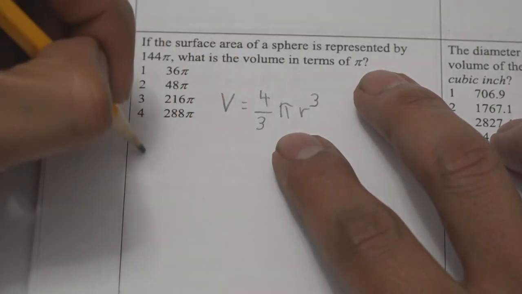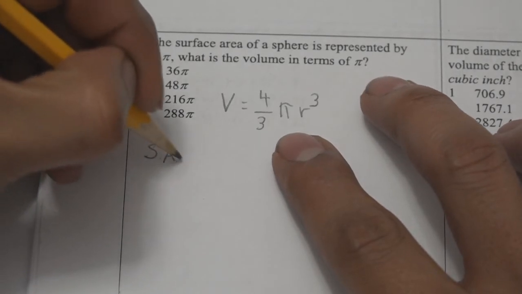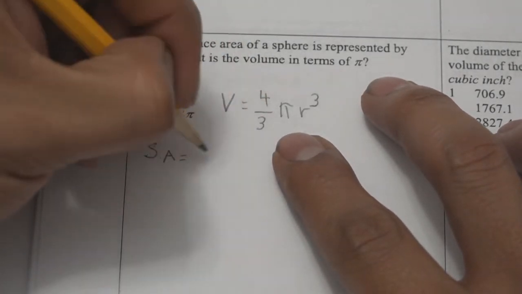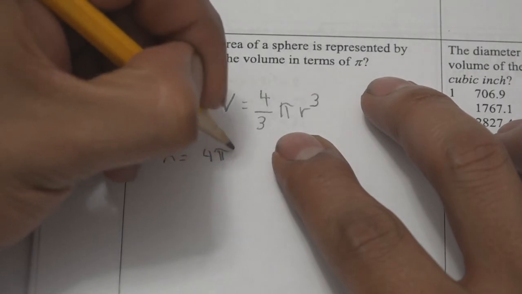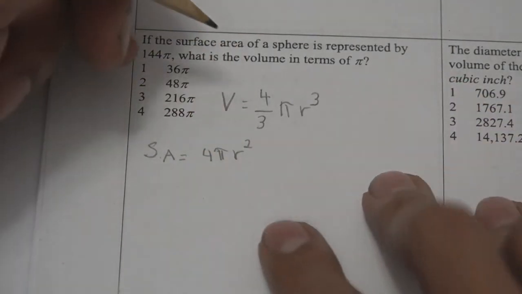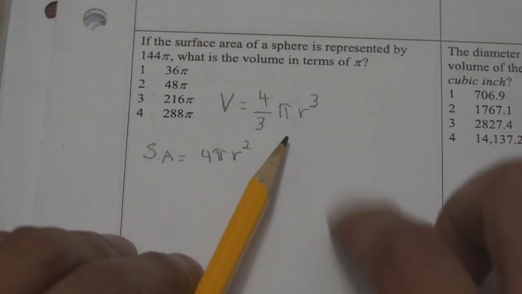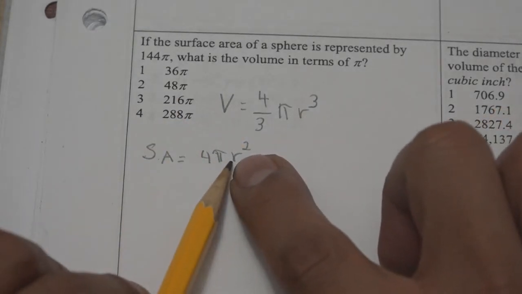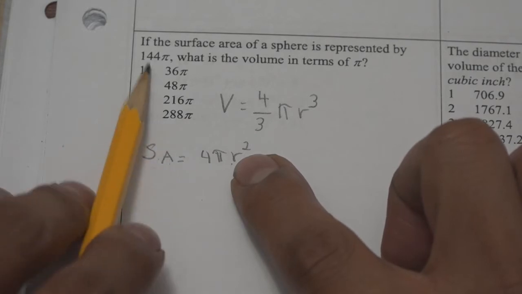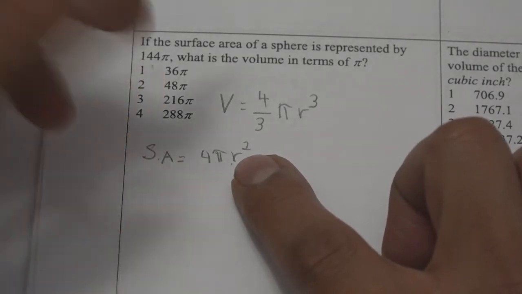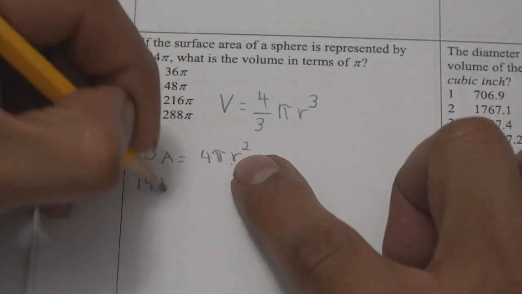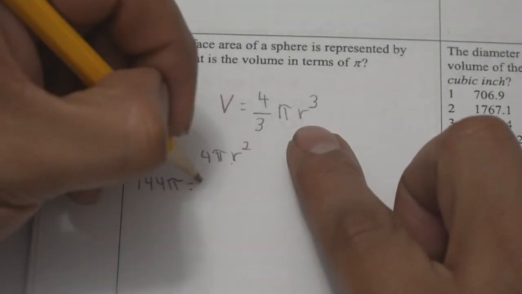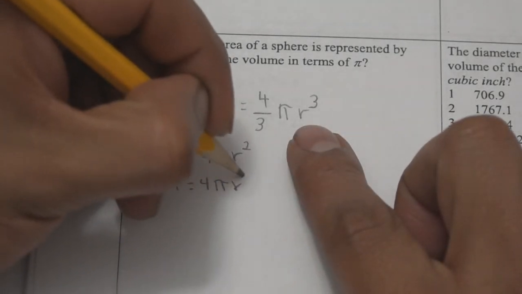The surface area of a sphere is nothing more than 4 pi r squared. I don't have the radius, so let's figure out what the radius is. The surface area is 144 pi, so we substitute that in here, and that is 4 pi r squared.